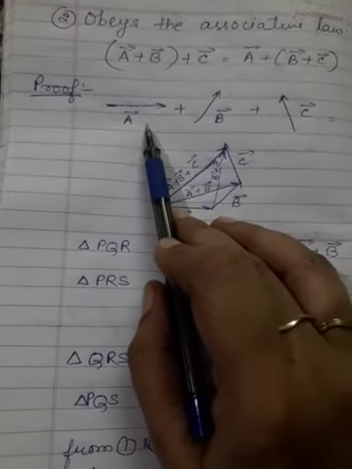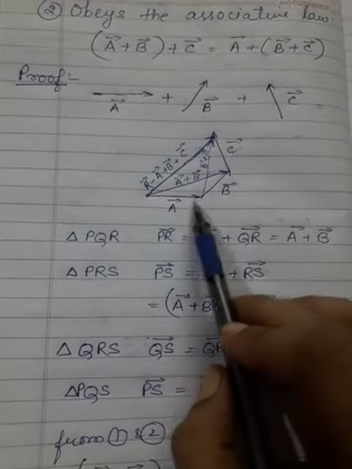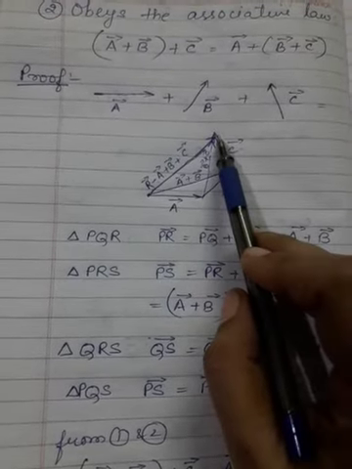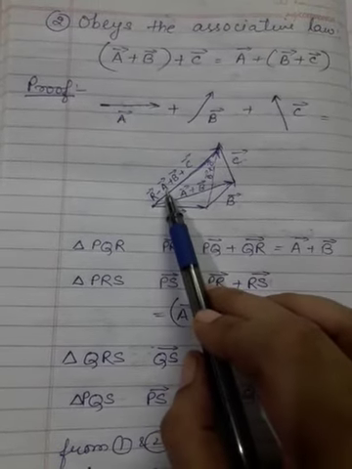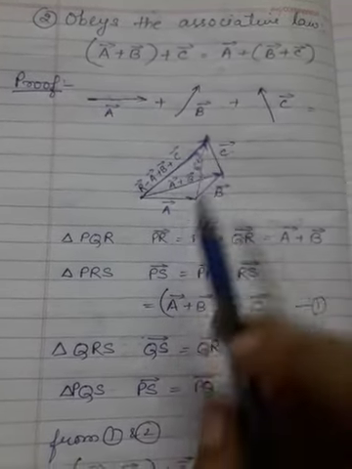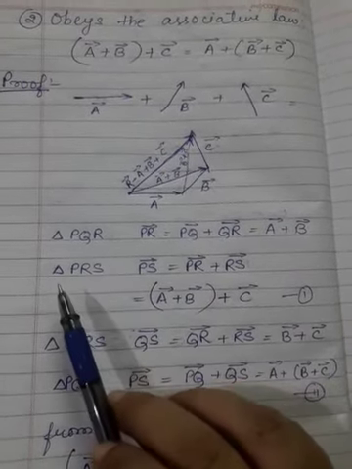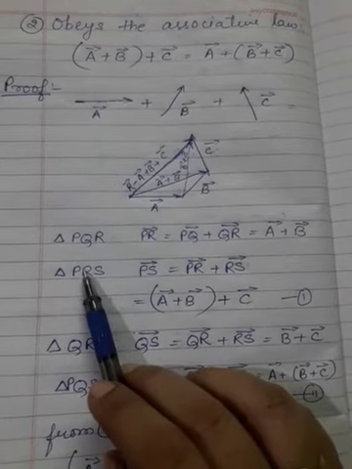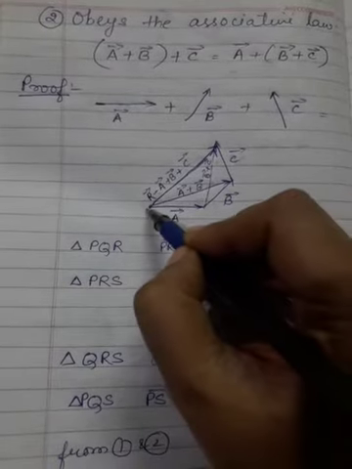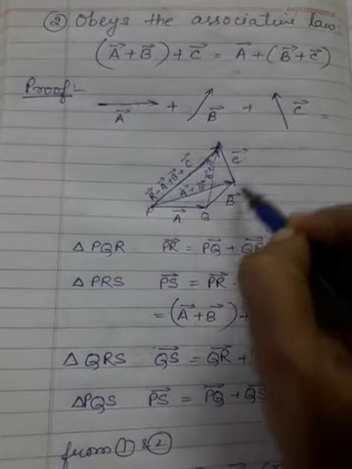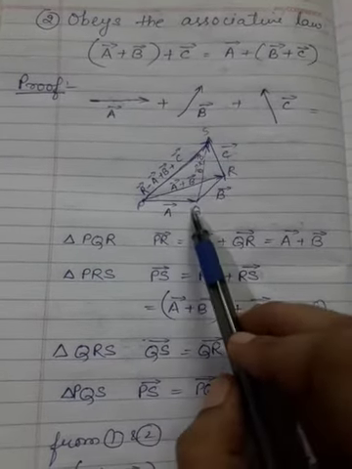Now suppose we have three vectors, vector A, vector B and vector C. When they are added, the fourth side of this figure represents the resultant of all three vectors. Here again we consider triangles, with the points P, Q, R and S. First I am taking triangle PQR.